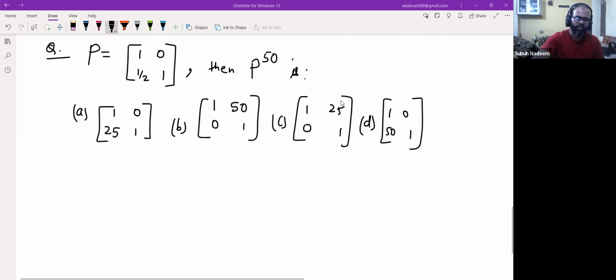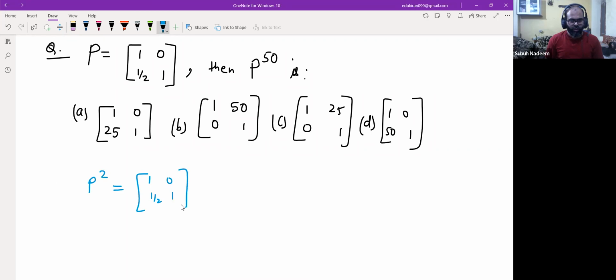Okay, now let us discuss it. So here, okay, one more answer has come from Hamza. So that is also correct. So P square is [1 0; 1/2 1] multiplied with [1 0; 1/2 1].